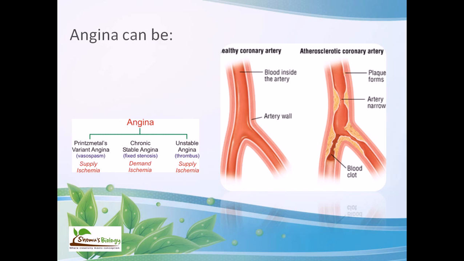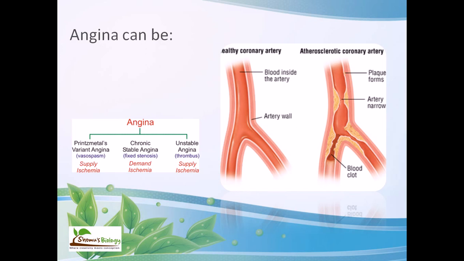On the other hand, there is chronic or stable angina. That is due to a fixed stenosis, and blood clots start to arrange. As blood is clotted, the movement of blood through that coronary artery is not possible, and sometimes blood pressure builds up in your heart, and eventually that artery ruptures.